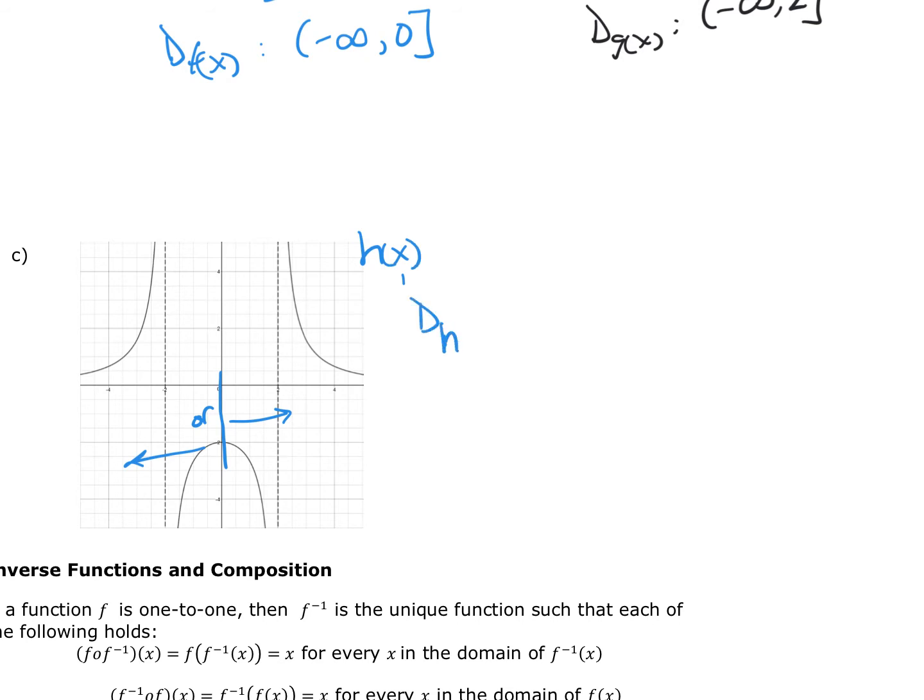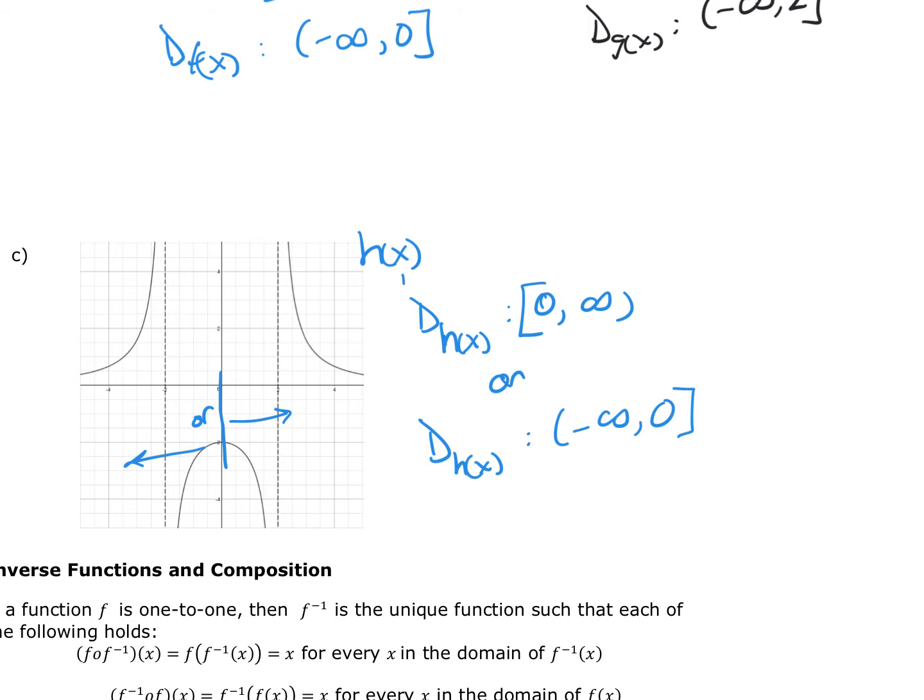My domain of h of x, I'm either going to have it be from 0 to infinity, or I'm going to go from -infinity to 0. Now, before you're like, wait a minute, don't you have a vertical asymptote? And the answer is yes. Okay, so let's talk about that vertical asymptote.